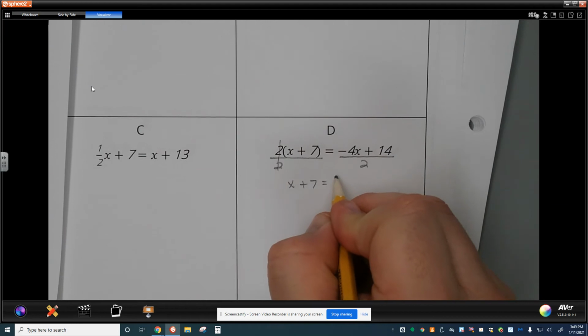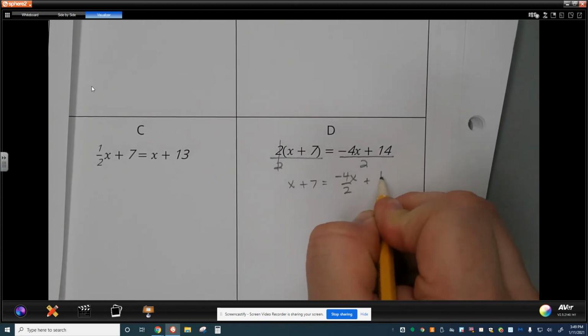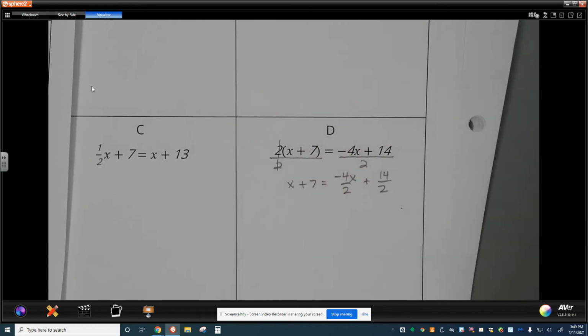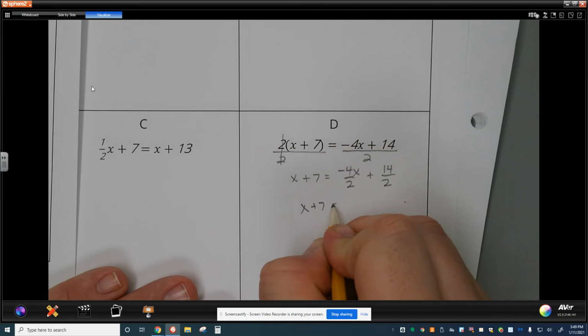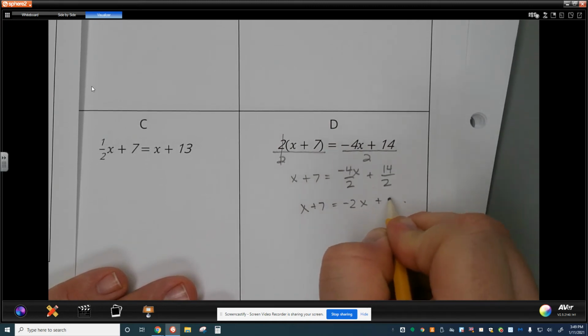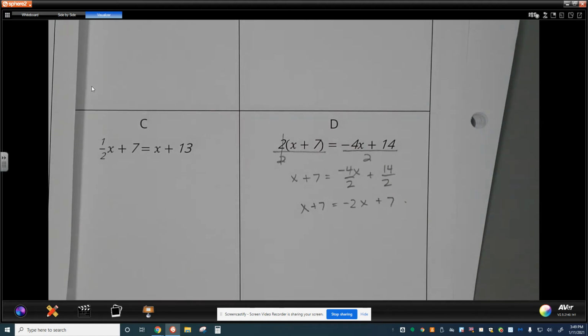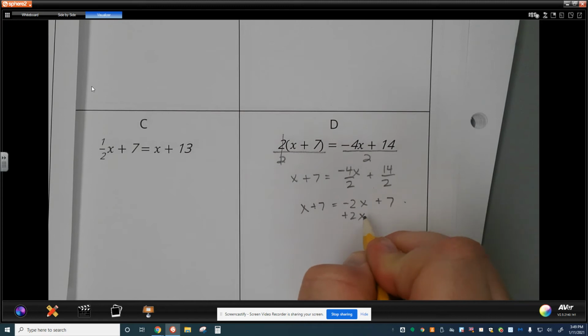and what that means is that I'm taking -4 times x divided in half and 14 divided in half, which gives me the equation x plus 7 is equal to -2 times x plus 7. And then I can simply take my steps from here to do the exact same work that I did.